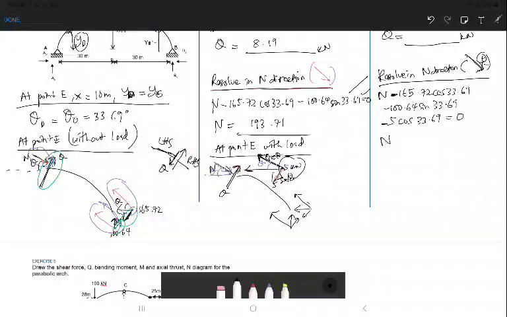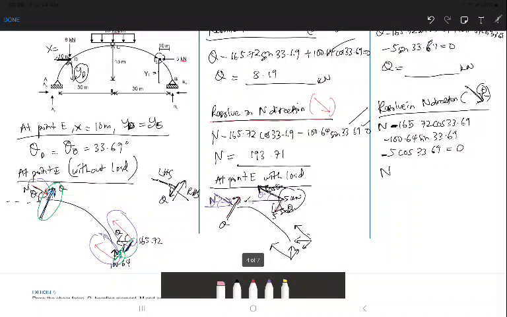So calculate it again. You got Q is 10.69 kilonewton and N is equal to 197.87 kilonewton.